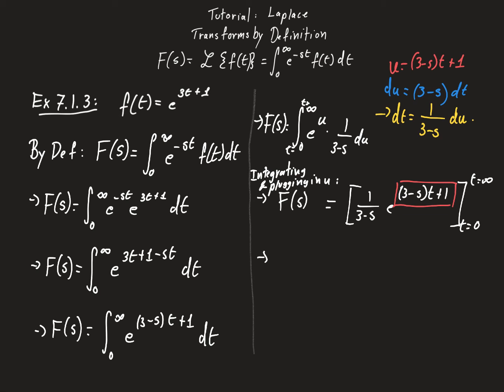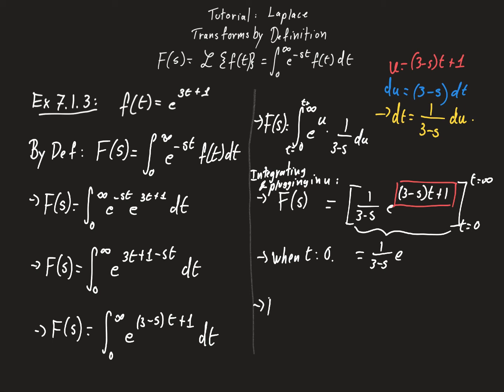You'll note that when t is equal to 0, this exponent here, t, is going to be e to the 1. So this guy is equal to 1 over 3 minus s times e.